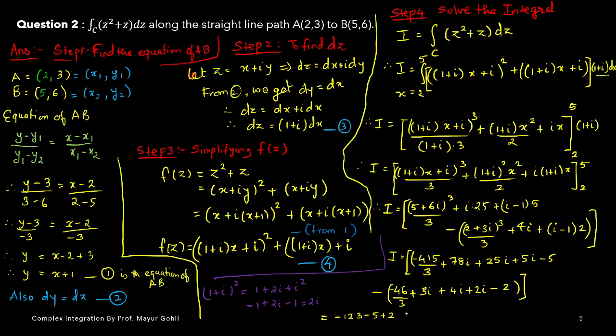You will simplify this, and here you have 78 plus 30, so that gives you 108. So that is 108I minus of 3I, 4I and 2I, that will give you 7 plus 2 is 9, and then you have a minus sign there, so it is minus 9I, and yeah, so that's it, I guess.